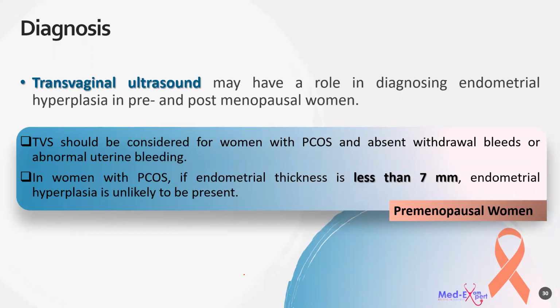So talking about the premenopausal women who are suffering PCOs, with endometrial thickening of 7 millimeters or less, most likely this case does not have hyperplasia, but more than 7 millimeters could be an alarming sign. So now we have two cutoffs: for the postmenopausal, 3 to 4, okay? For the premenopausal women with PCO, the cutoff will be 7 millimeters.